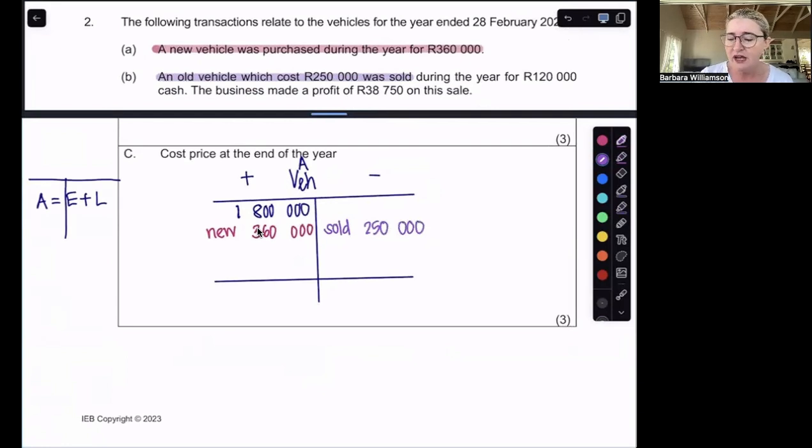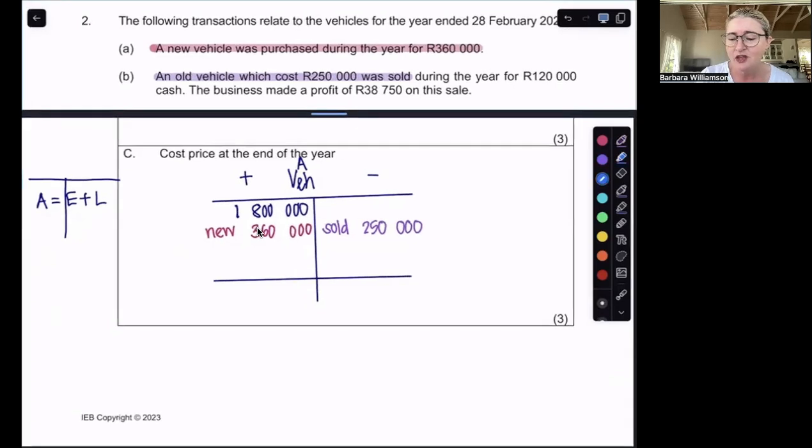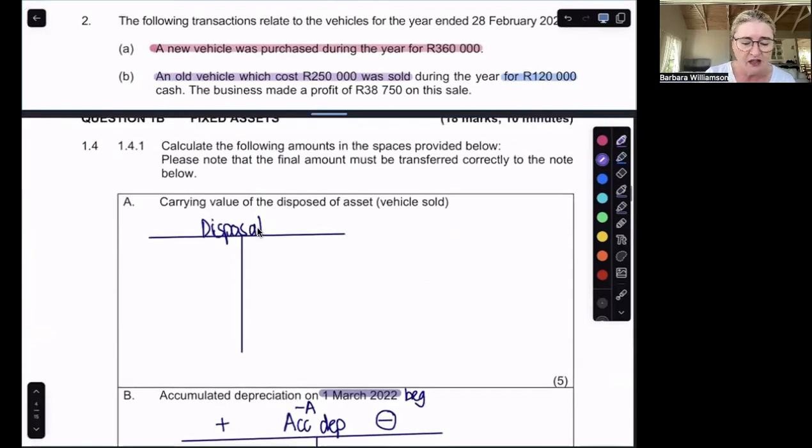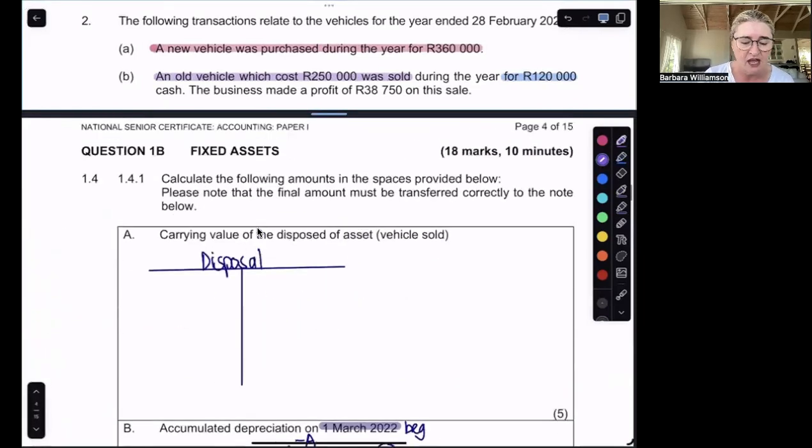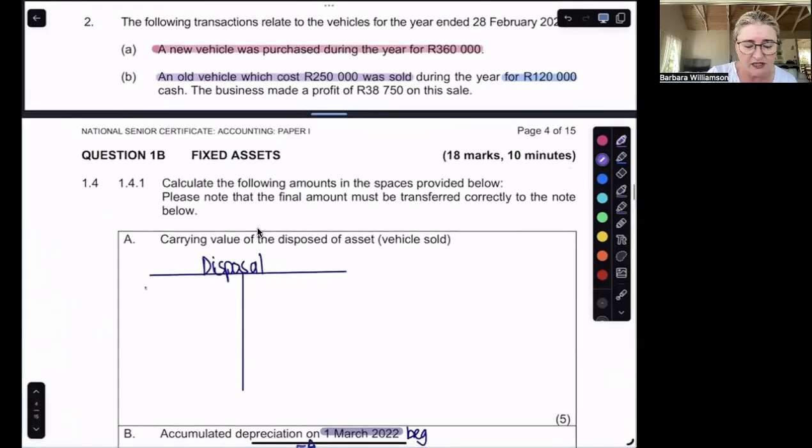It was sold during the year for 120,000. So that 120,000 is my selling price. So now, in addition to the cost of 250 that I can put in my disposal account, and notice that if I credited vehicles, I'd want to debit the disposal account with that 250.